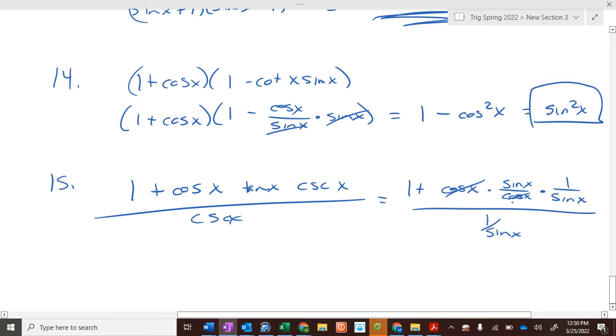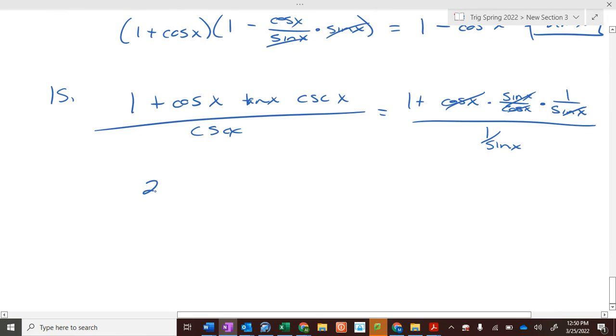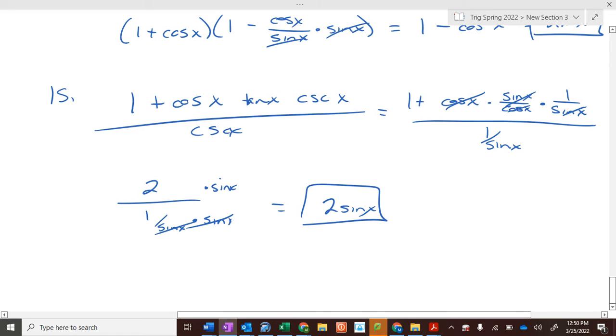So cosine and cosine cancel. Sine and sine cancel. What's 1 plus 1? 2. So you get 2 over 1 over sine of x. This is a complex fraction, isn't it? How do you simplify a complex fraction? Multiply both the numerator and denominator by the denominator of the denominator. These cancel, so we get 2 sine of x. That's our final answer.